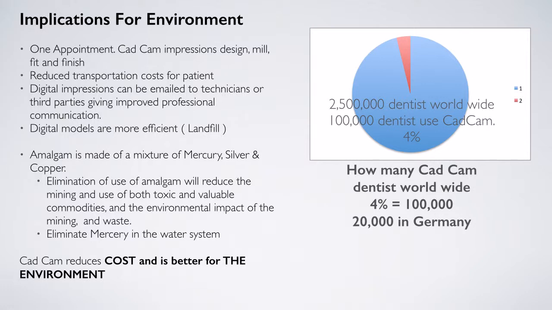So elimination of amalgam will reduce the mining and the use of both toxic and valuable commodities, and the environmental impact of mining and the waste from that, as well as the fact that the mercury goes back into the water, so it eliminates mercury within the water.